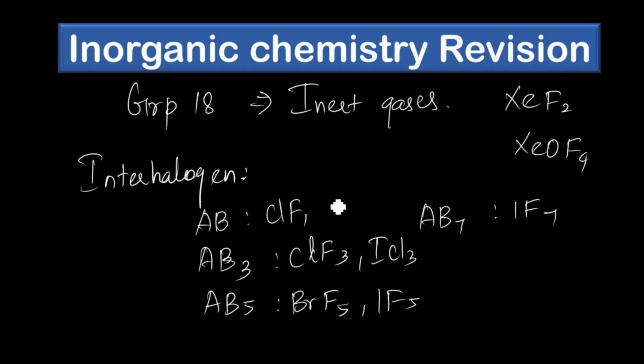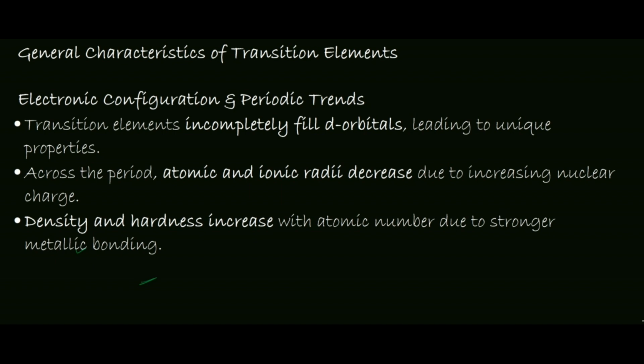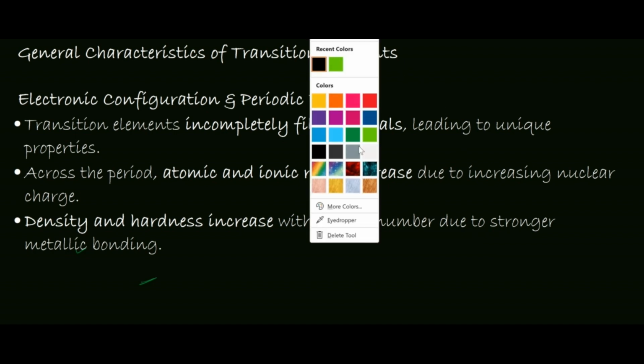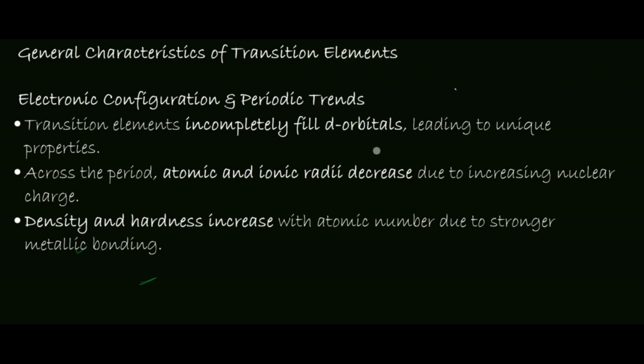Now we are moving on to D and F block elements. For the general characteristics of transition elements, first we need to know the electronic configuration, right? So let's talk about the D block elements first. The electronic configuration is so simple. It fills (n-1)d 1 to 10, ns 1 to 2, right?